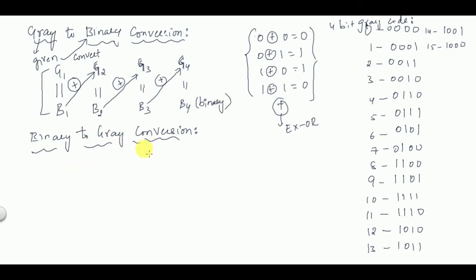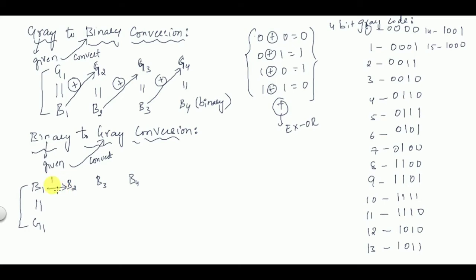Similarly, binary to gray conversion means you are given a binary number and you have to convert that into gray code. If you are given a binary number, I am taking it as B1, B2, B3 and B4. The conversion will be like this: B1 is equal to G1, so the MSB bits will be the same.